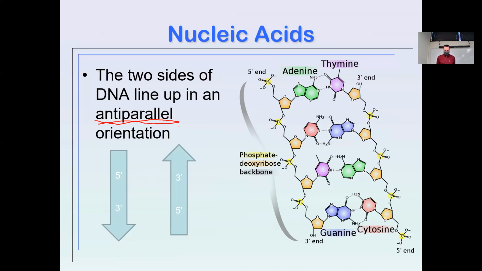They are complementary. Remember, Chargaff's rule says that the number of A's is equal to the number of T's, and the number of C's is equal to the number of G's. That's because they bind with each other, right? So we still didn't know exactly how DNA was built, what it looked like, what the structure was.